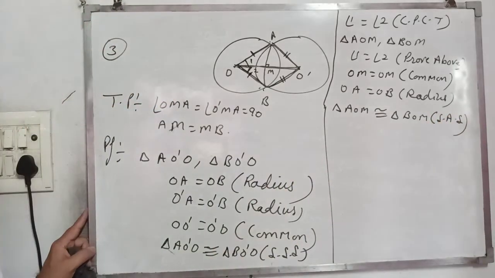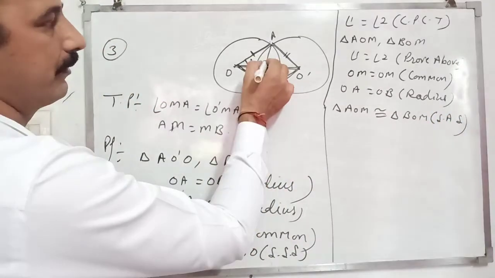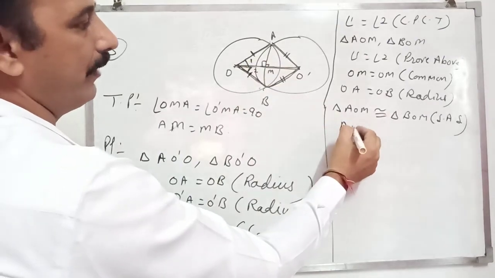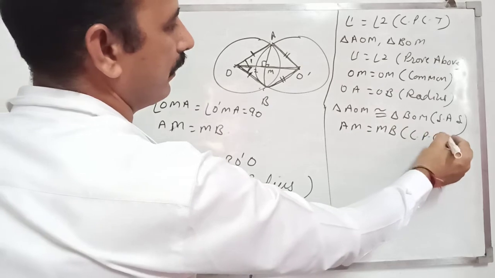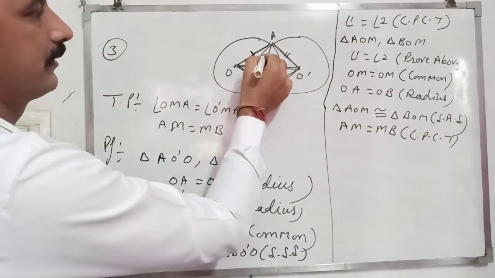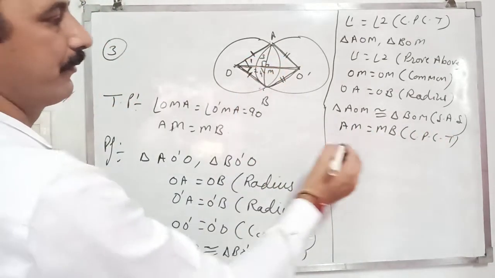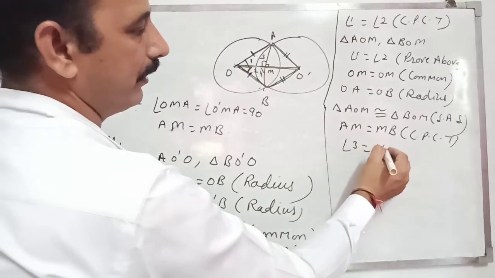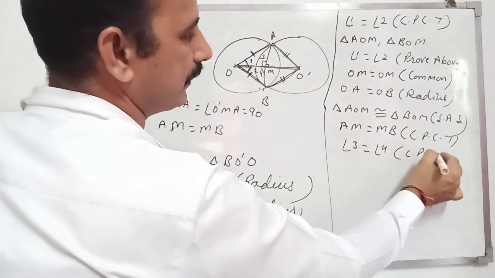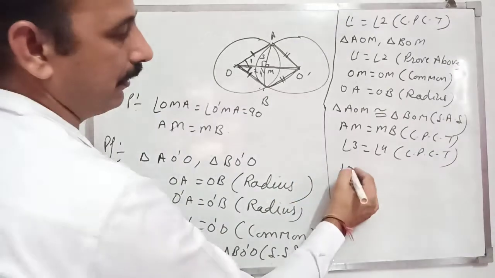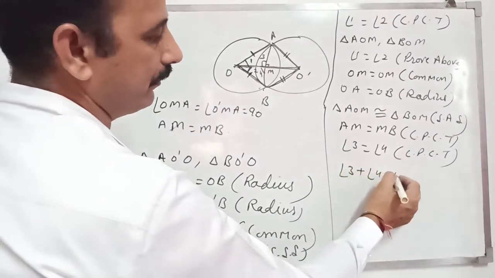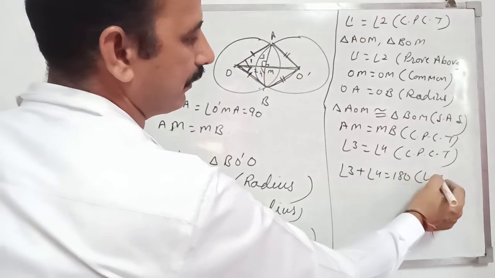If these two triangles are congruent, it means AM equals MB by CPCT, and angle 3 equals angle 4, again by CPCT. But angle 3 plus angle 4 is equal to 180 because it's a linear pair.